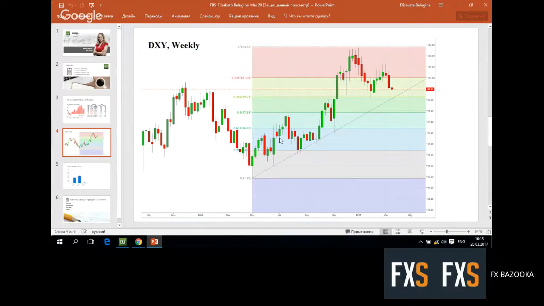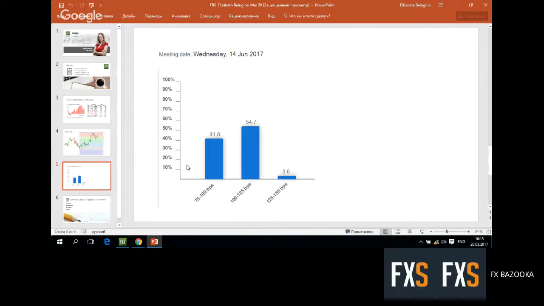If you look at the data by Chicago Mercantile Exchange, here is how the market is pricing in the possibility of the US rate hike in June. We can see that this possibility currently accounts for more than 58%. On Friday, the possibility was around 54%, and surely there is some increase.